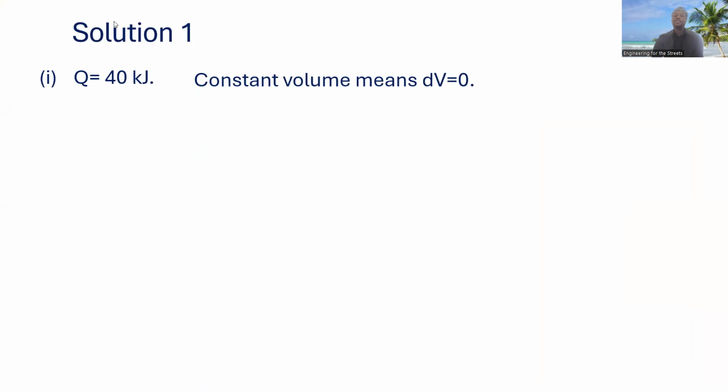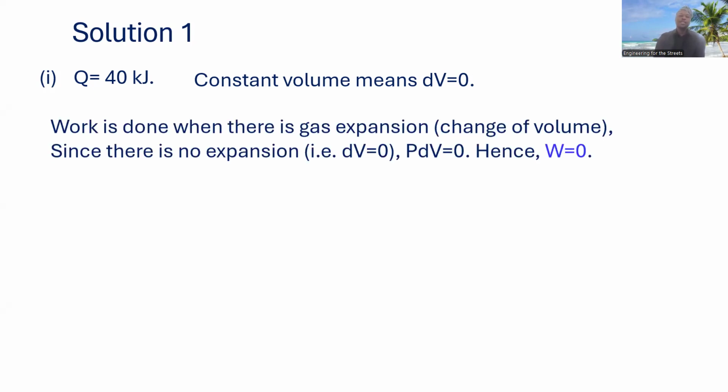So the first statement says that the heat supply to the system is 40 kilojoules at constant volume. Constant volume means there's no change in volume. And we know that work is done whenever there is an expansion of the gas. So when there's no expansion, that means work done is zero, essentially.